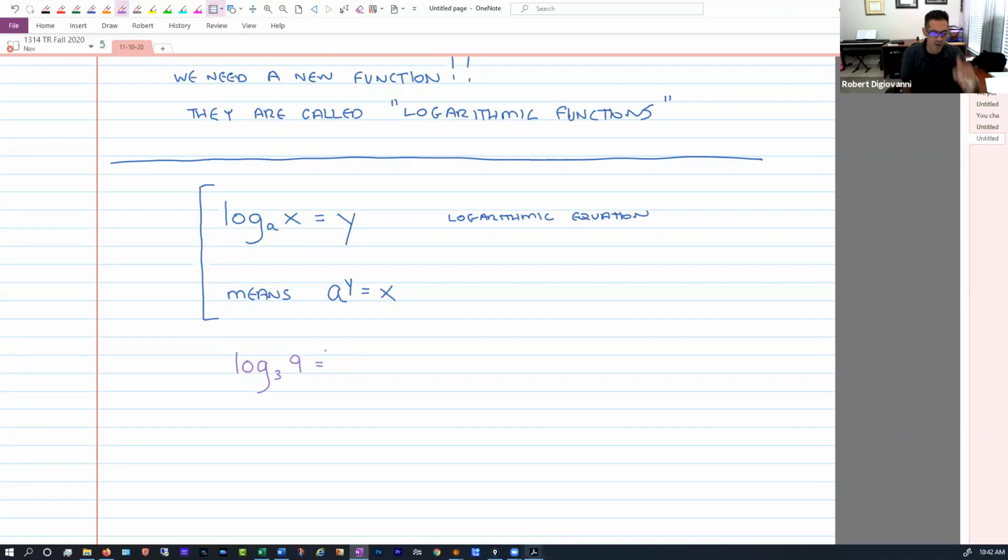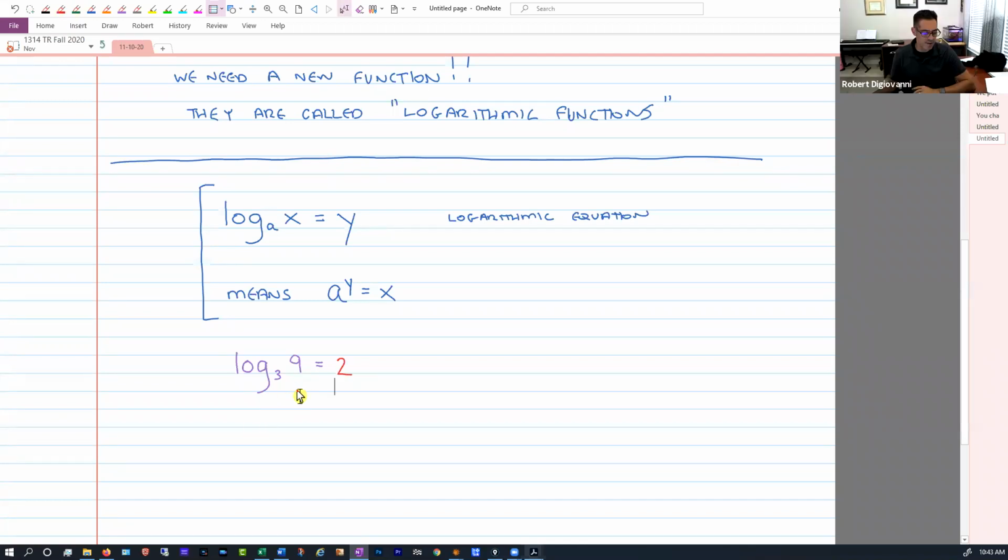So what does this mean? It equals 2. Okay, why is that equal to 2? That is correct. Why is it equal to 2?